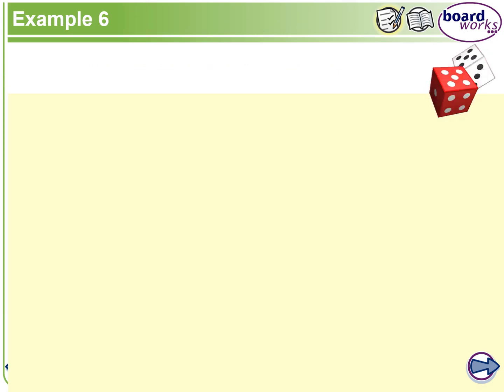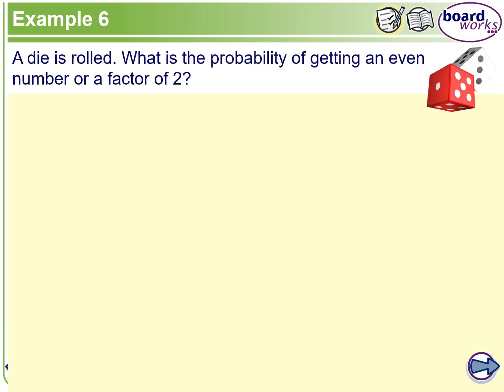Let's check the next example, number 6. A die is rolled. What is the probability of getting an even number or a factor of 2? So let us say that A is the event when you get an even number on a die. What are even numbers? 2, 4, 6.